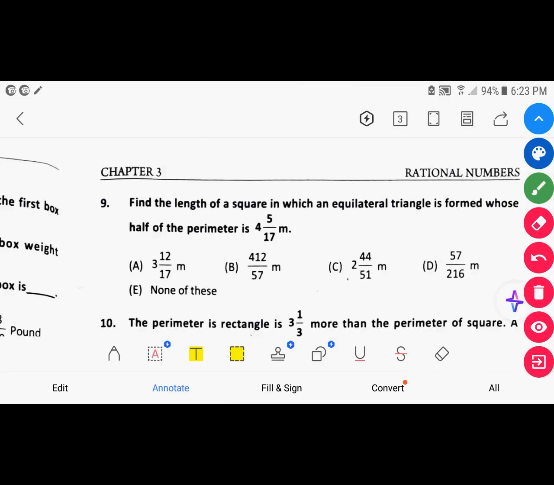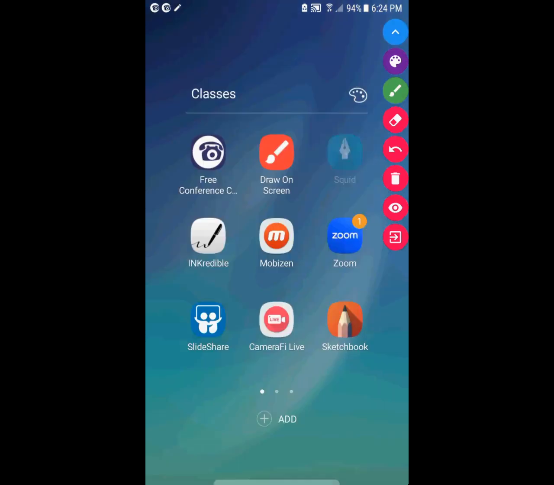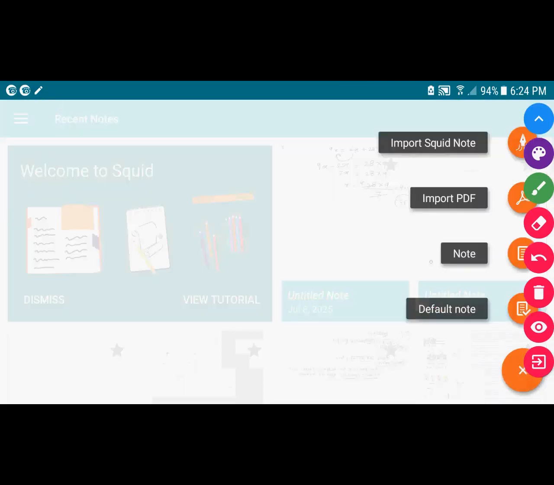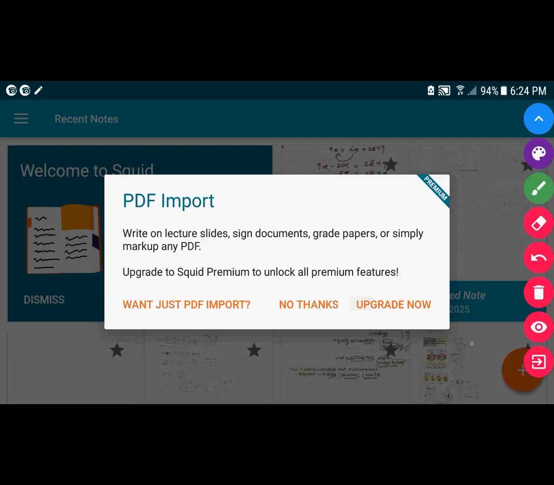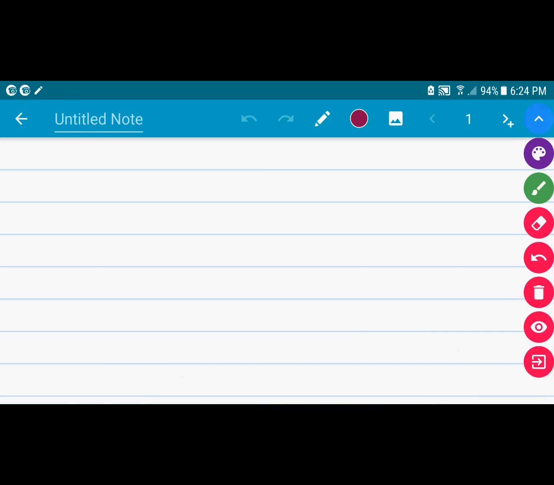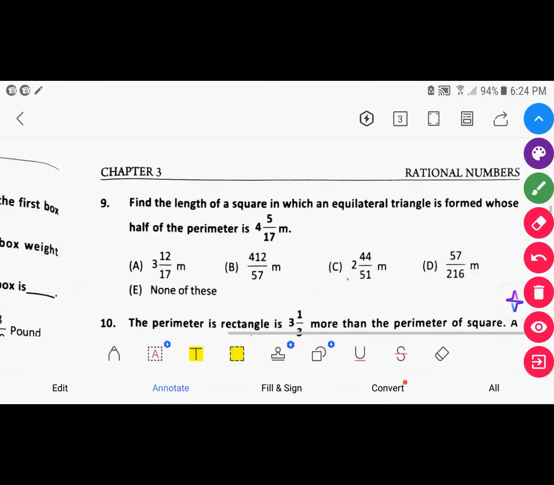Now the next question is: find the length of the square in which an equilateral triangle is formed, whose half of the perimeter is 4 5/17. First we'll read it.